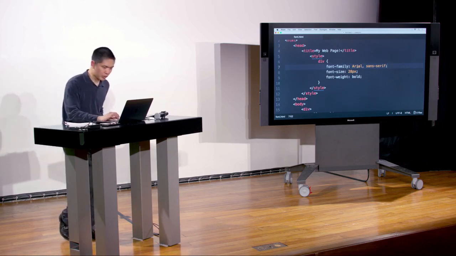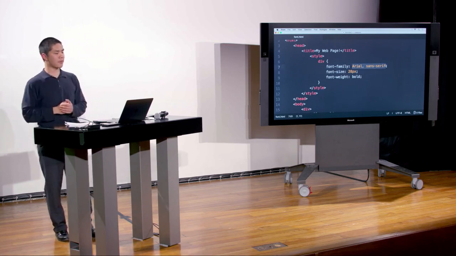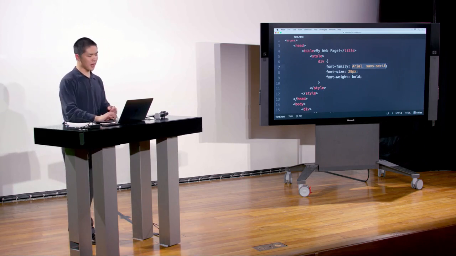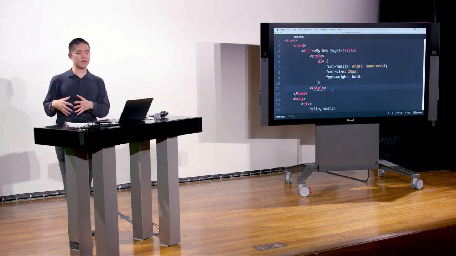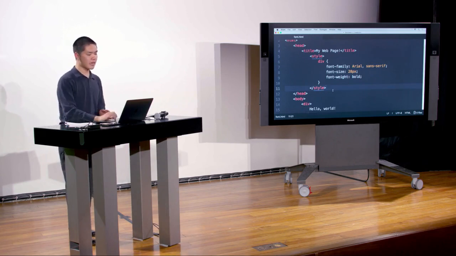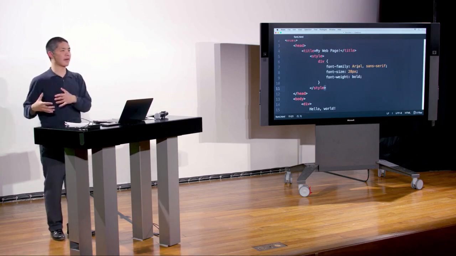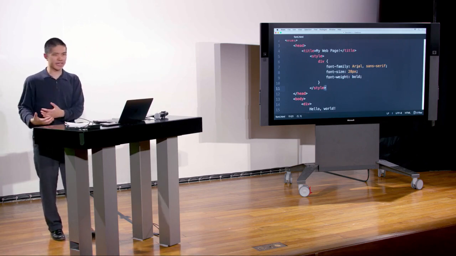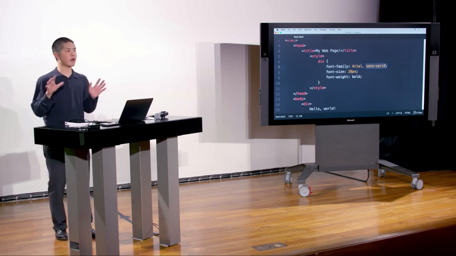And so if you include multiple fonts as the font family in the styling of our HTML, then what's ultimately going to happen is that the web browser will first try and match the first font that I provide. It will try and use the font Arial if at all possible. But if it doesn't have the font Arial, if the web browser doesn't know what Arial is or can't find that font, it's just going to default to any sans serif font.